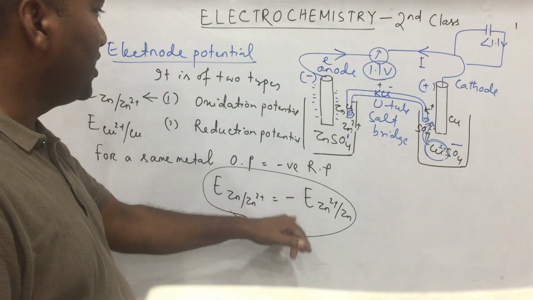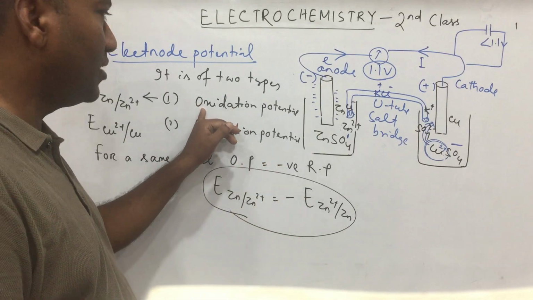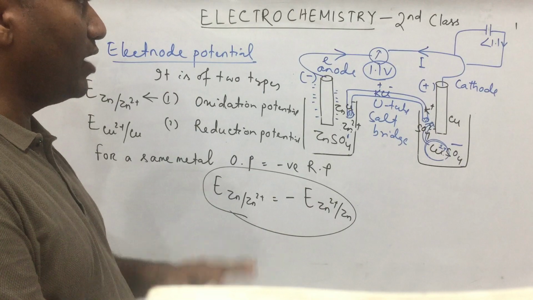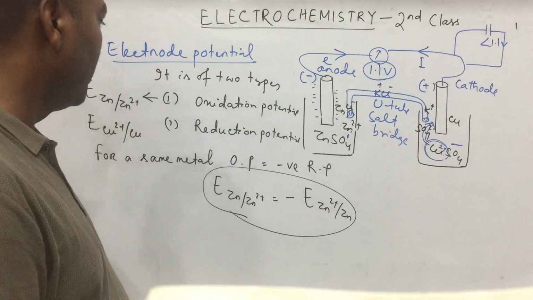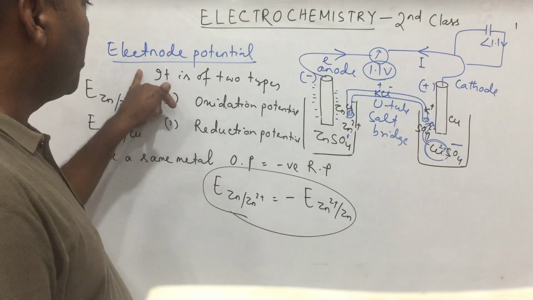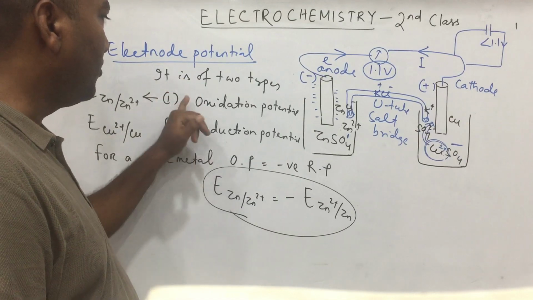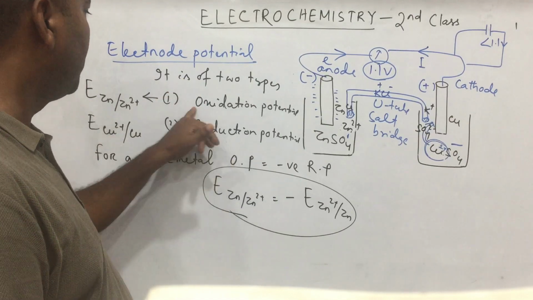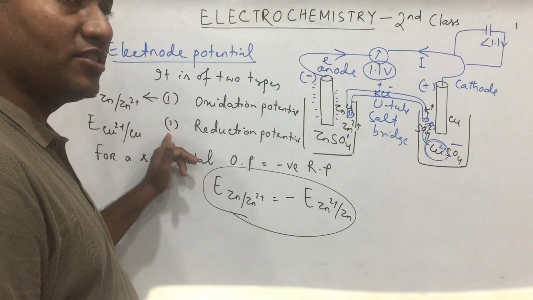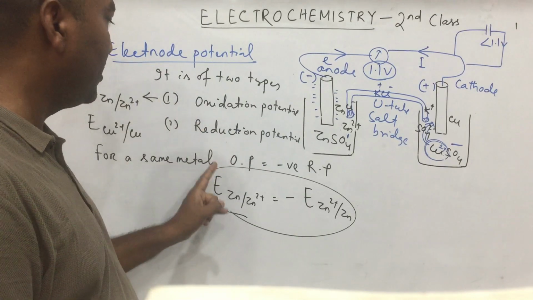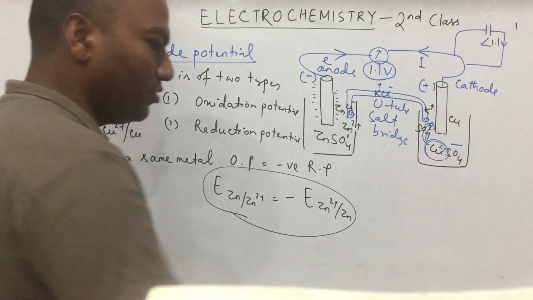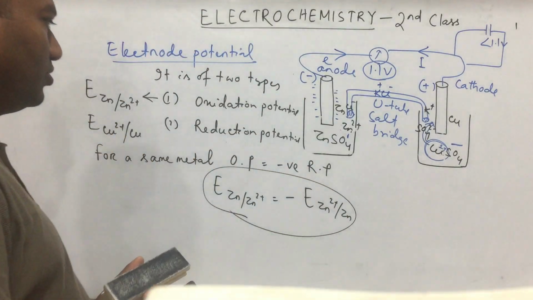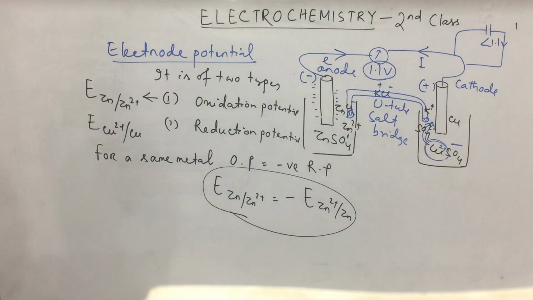Because if you change it into oxidation potential format, in this chapter whatever formulas are there, all formulas will change. So electrode potential is of two types, oxidation and reduction, and its representation is always according to the IUPAC format, that is reduction potential format. For the same metal, oxidation potential equals minus of reduction potential.